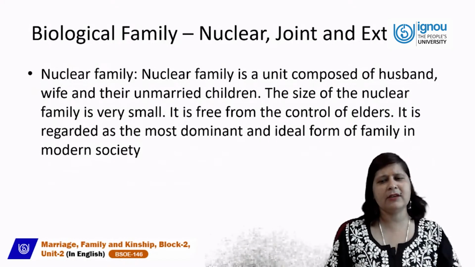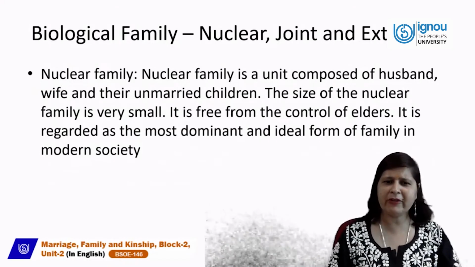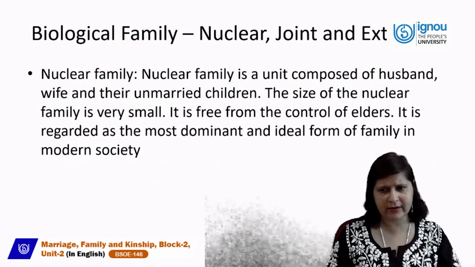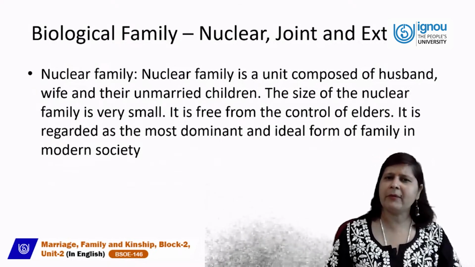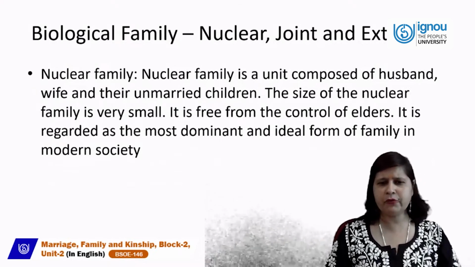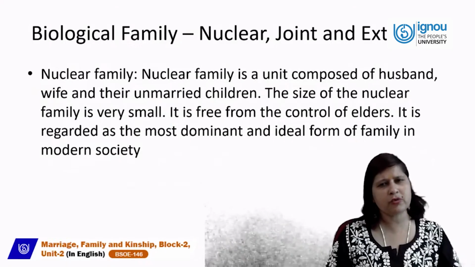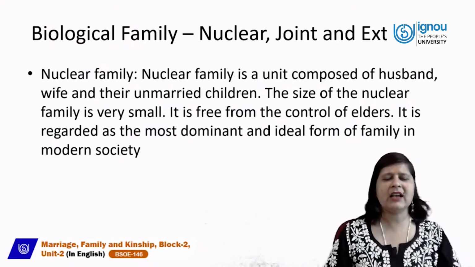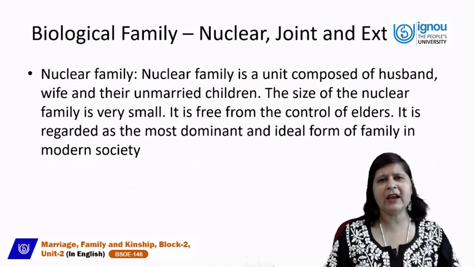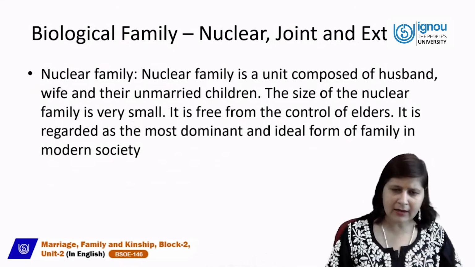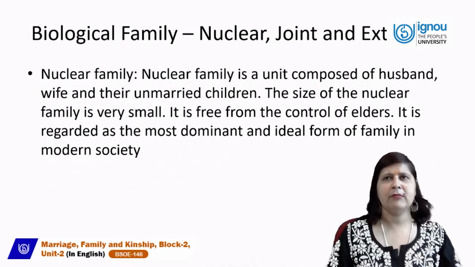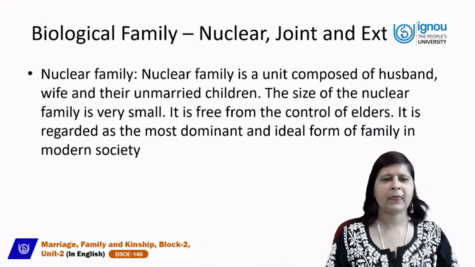Nuclear family is a unit composed of a husband, wife, and their unmarried children. The size of a nuclear family is very small, 3 to 4. It is free from control of elders. It is regarded as the most dominant and the ideal form of family in modern society.